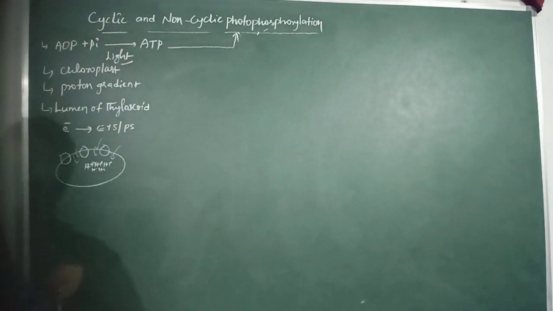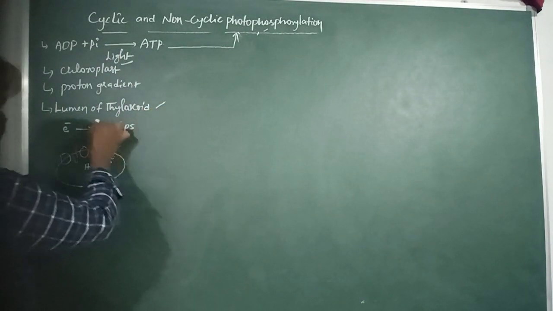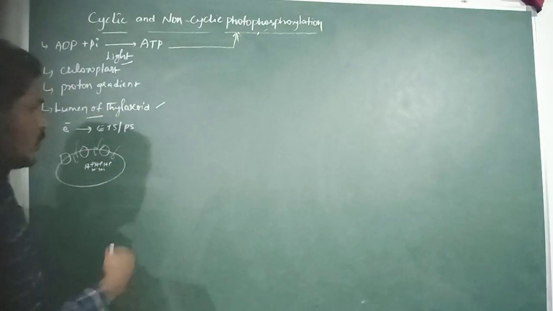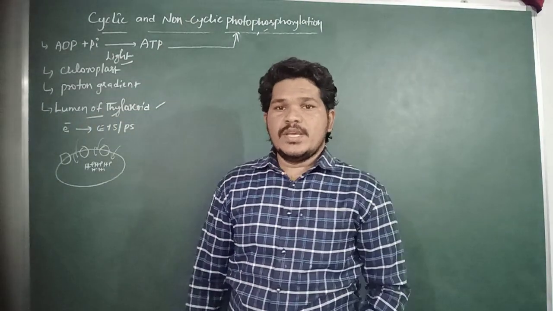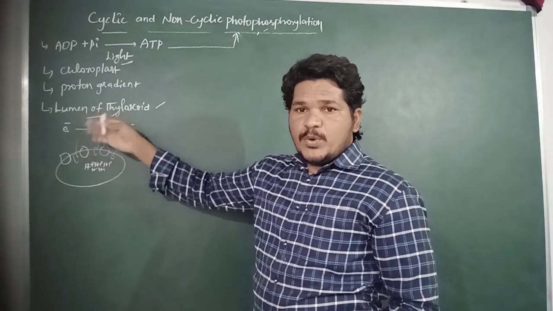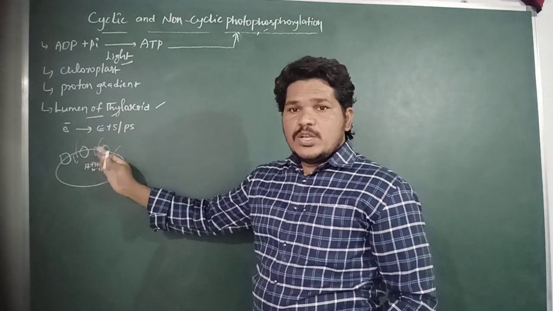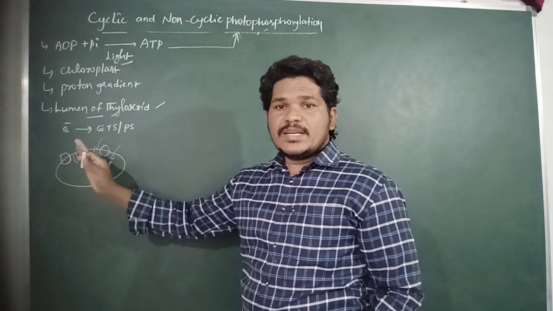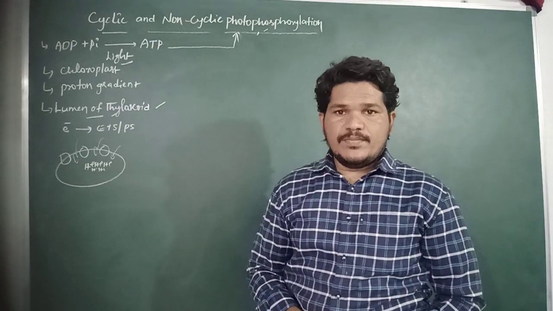So the proton gradient is created in the lumen of thylakoid, particularly during the electron transport system.